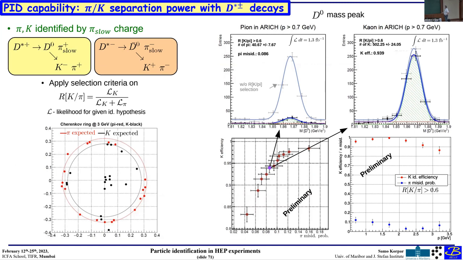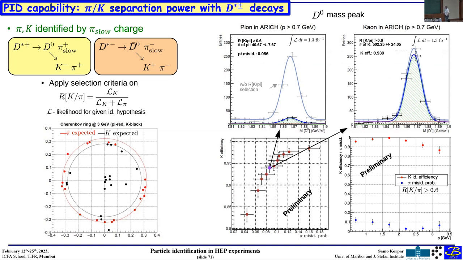This is the so-called slow pion, can be easily identified in the event, and the charge of this can be identified. And then further, D0 decays mostly into kaon and pion, and the charge of these two then defines the species. If the slow pion is positive, then the positive track will be pion and the negative kaon. If the slow pion is negative, it will be the other way around.